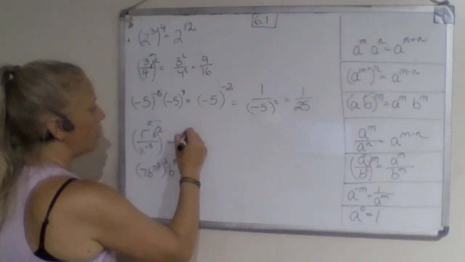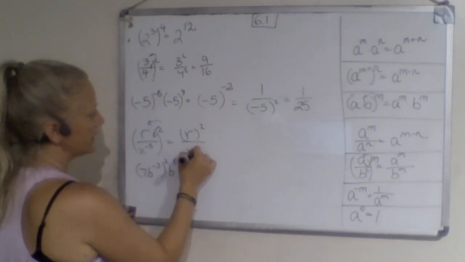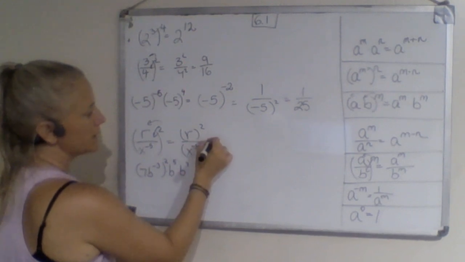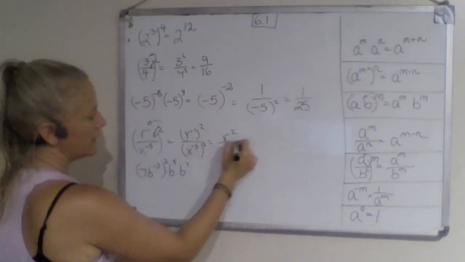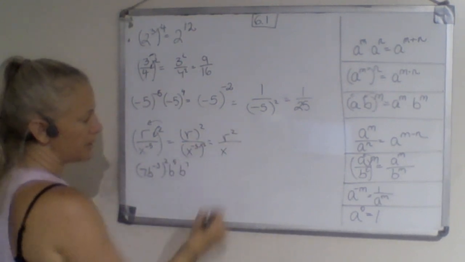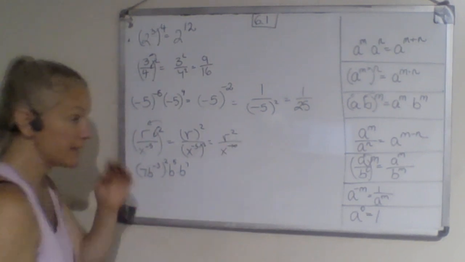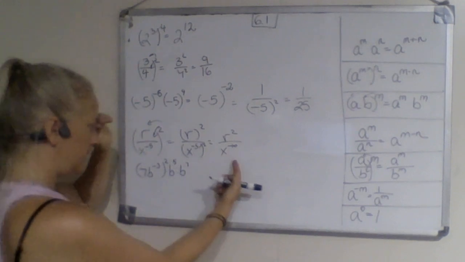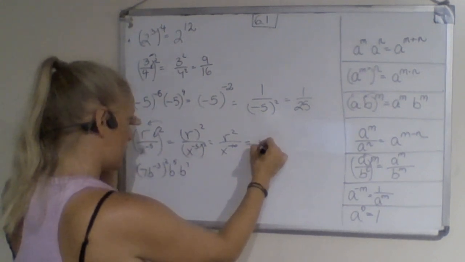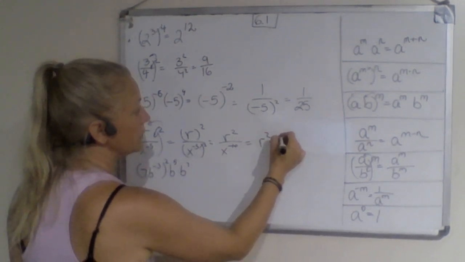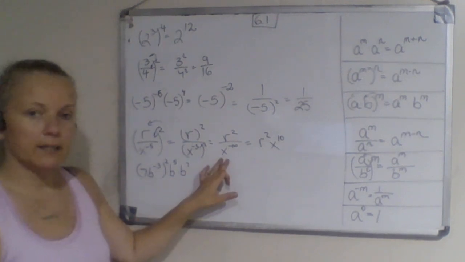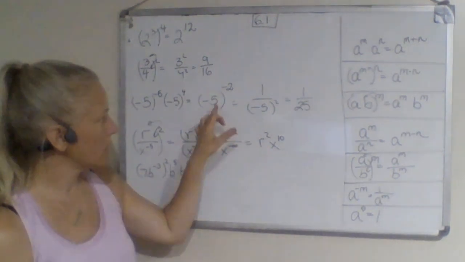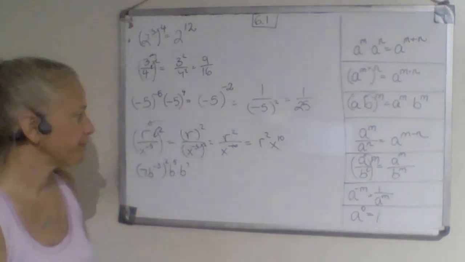This would have been r all to the second over x to the negative 5 all to the second. This is just r to the second. X to the, that gets multiplied, negative 10. Remember we said you never use a negative exponent. What do we do? If it's under the line, it goes on the top of the line. So this becomes r to the second, x to the 10th. In order to make it positive, you bring it to the top. If it's on the top, you bring it to the bottom.